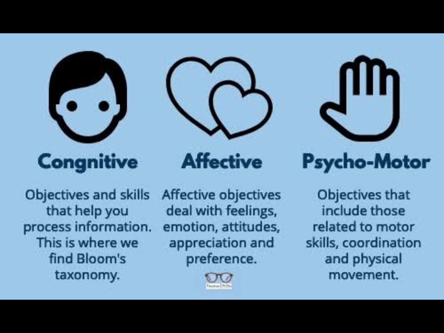When we say cognitive, the objectives and skills help you process information; this is where we find Bloom's taxonomy. The affective objectives deal with feelings, emotions, attitudes, appreciation, and preference. Let's go to psychomotor: objectives that include those related to motor skills, coordination, and physical movement.